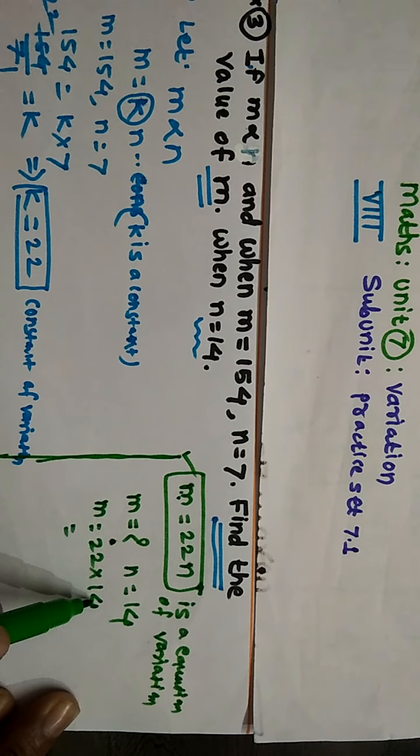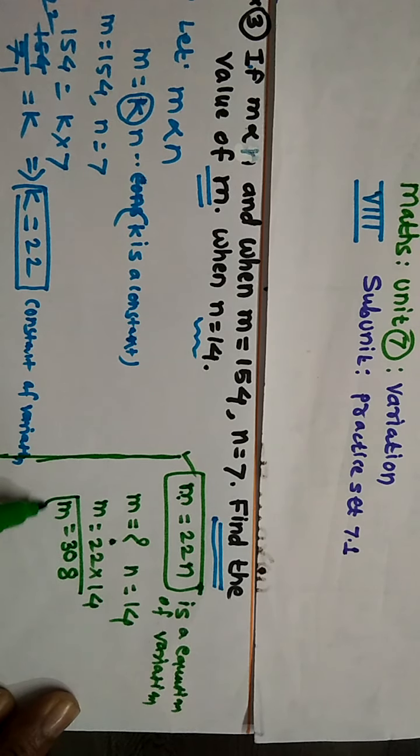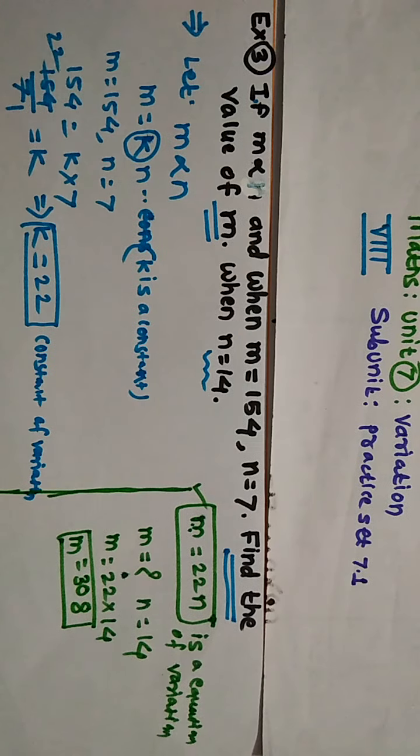Now solve: 14 into 2 gives 28, 14 into 2 gives 28 plus 2 means 30, so the value of m is 308. Now using this example number 3, you solve example number 5 in practice set 7.1.